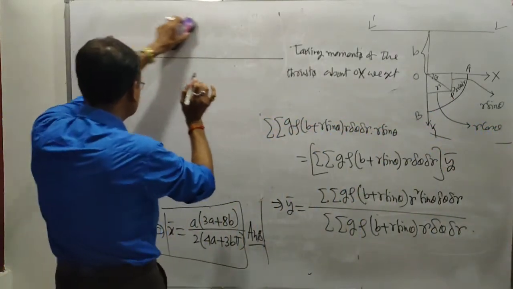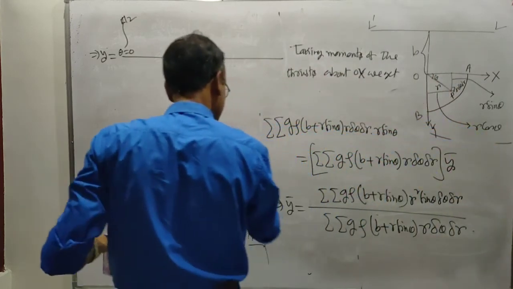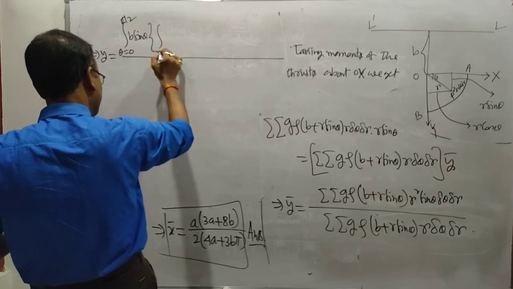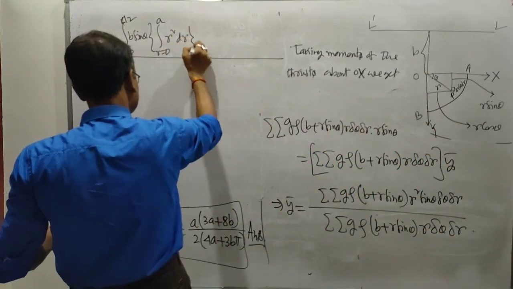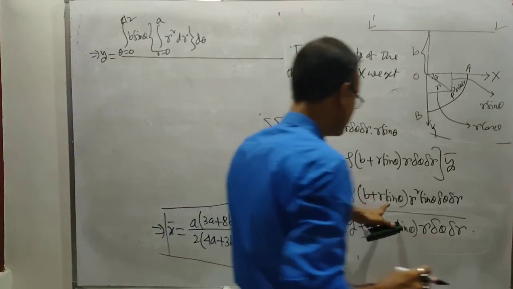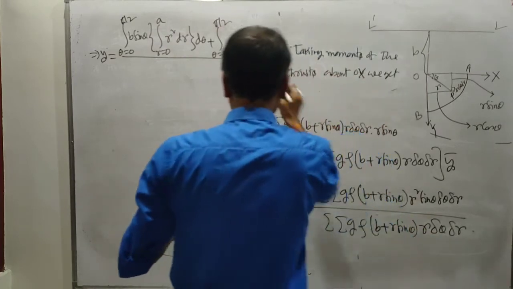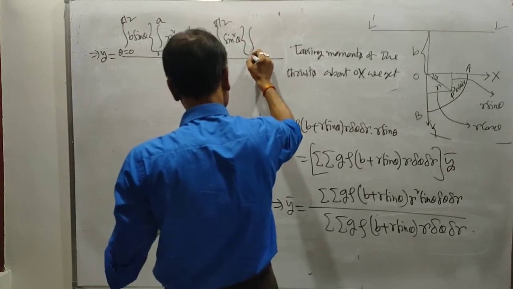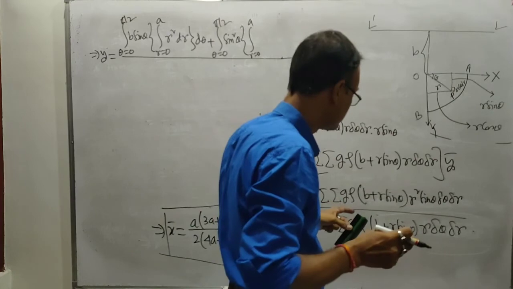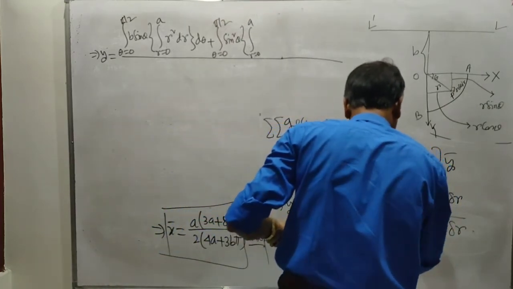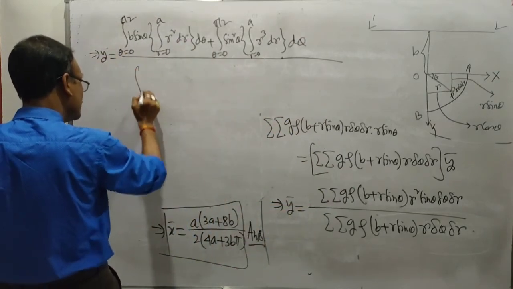First integration, theta from 0 to pi by 2, B sin theta, R equal to 0 to A, it will be R square dr d theta, plus integration theta from 0 to pi by 2, sin square theta, R equal to 0 to A, R square into R cube, dr d theta, divided by integration theta from 0 to pi by 2.